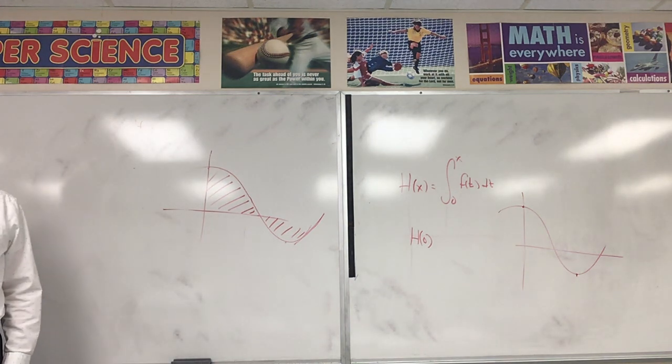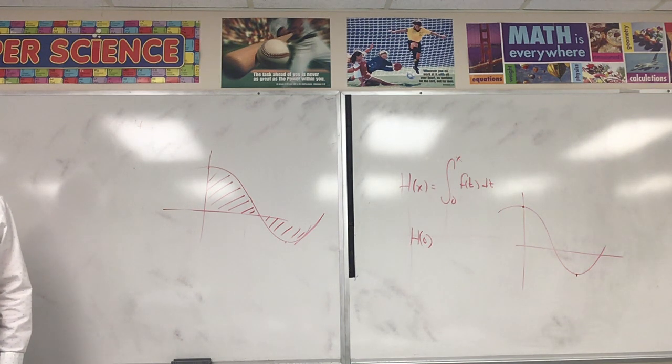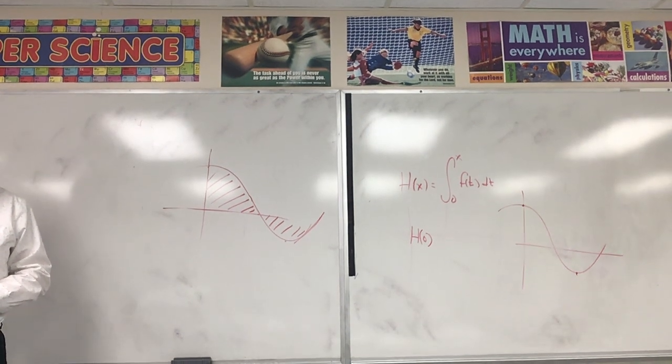There. Look at that graph there. Where am I positive? 9 to 12. That's where I would be concave up, because that is the derivative of my derivative. Second derivative.